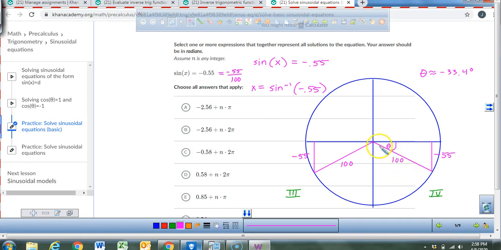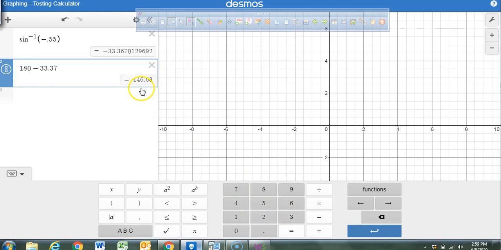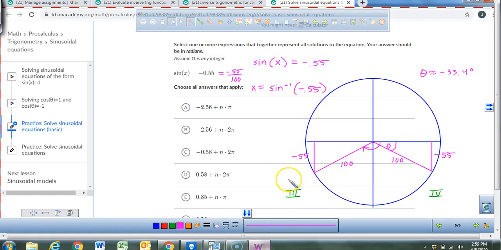All right. So now we're also going to find the angle from here all the way to right there. All you'd have to do is take 180 and subtract 33.4. So 180 take away 33.37. So negative 146.63 is the other angle, right?